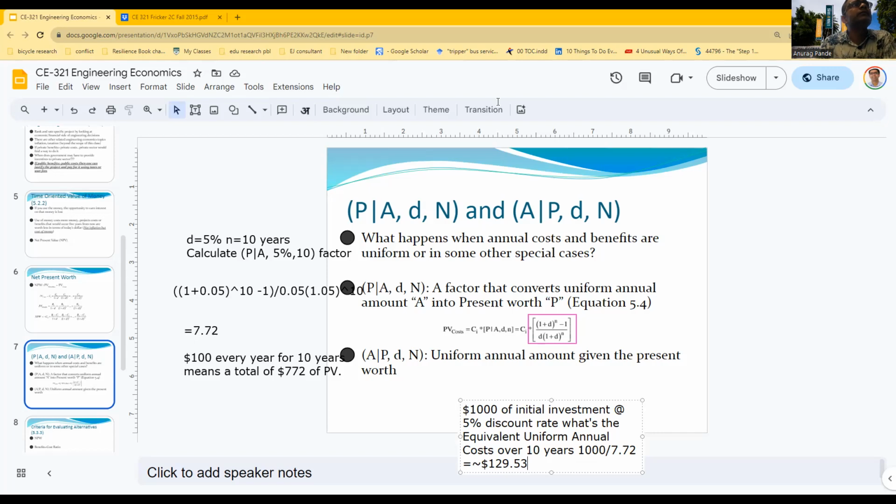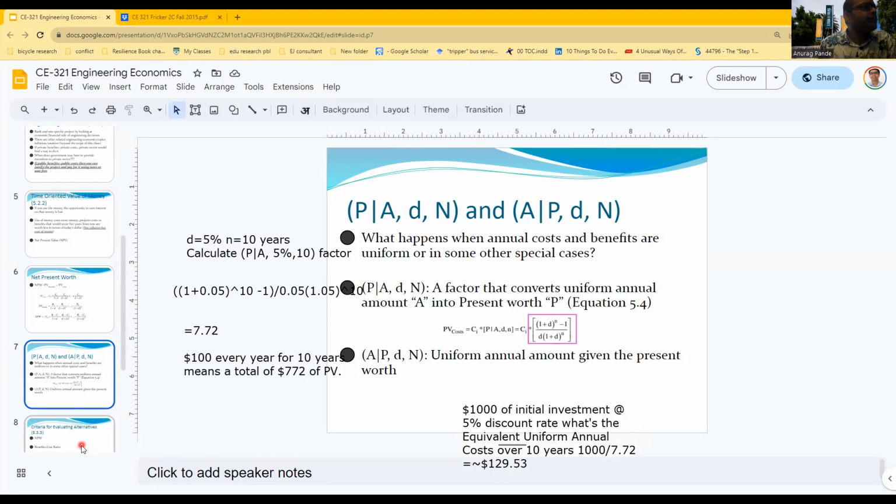So this is what I mean by these two factors, P given A and A given P. Basically, they are the same factors, but one is just the reciprocal of the other. This is very important: when you're comparing alternatives, we convert all the costs and all the benefits into today's dollars, so make it a present value.